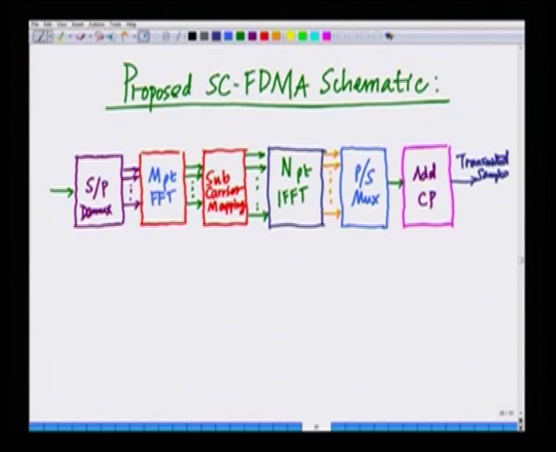So, these are the transmitted samples, and if you look at this, these are the two new blocks that we are talking about. The rest are all conventional OFDM blocks. These are the two new blocks in SC FDMA, that is, the M point FFT and the subcarrier mapping.